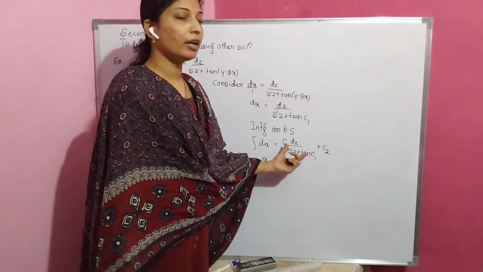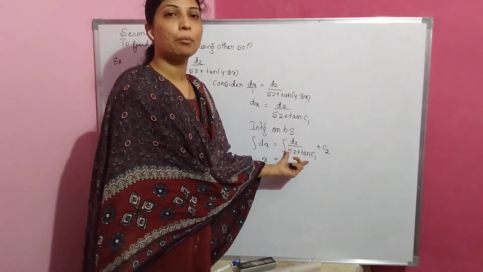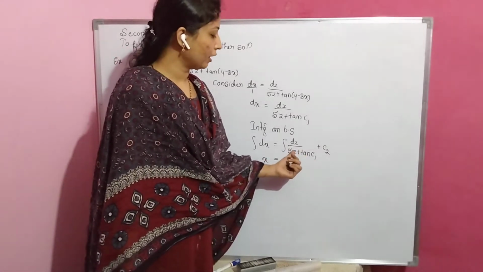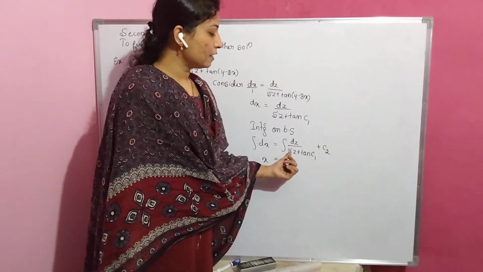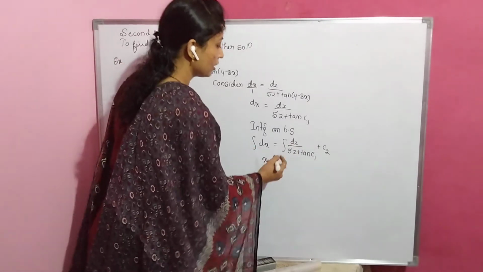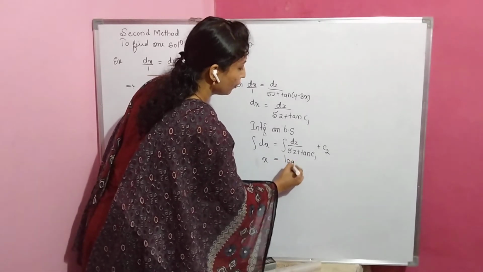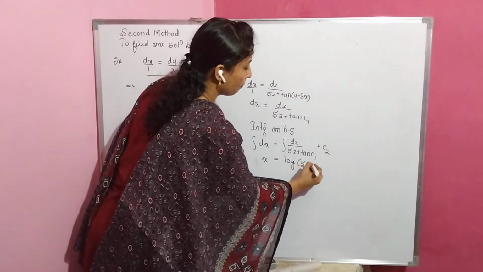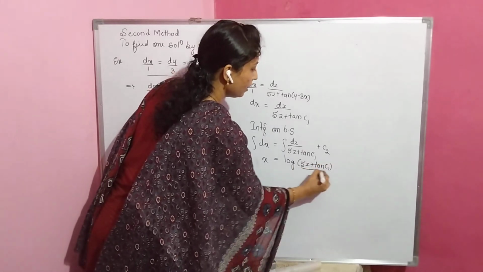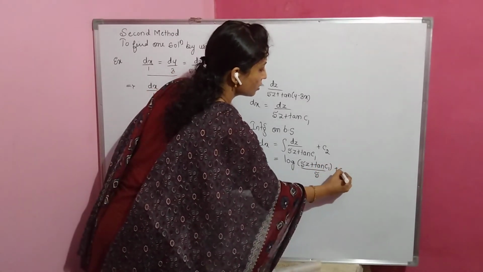So integration of this term is nothing but log of 5z plus tan c1 divided by 5, since the coefficient of z is 5. So this integration can be written as log of 5z plus tan c1 divided by 5 plus integral constant c2.